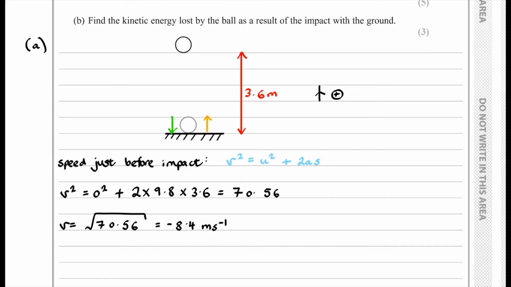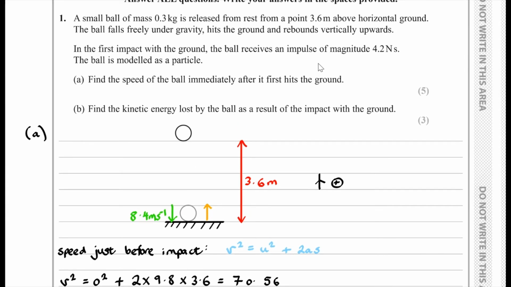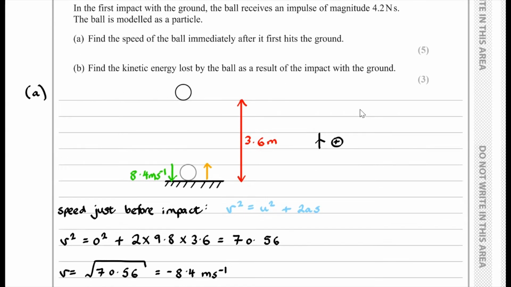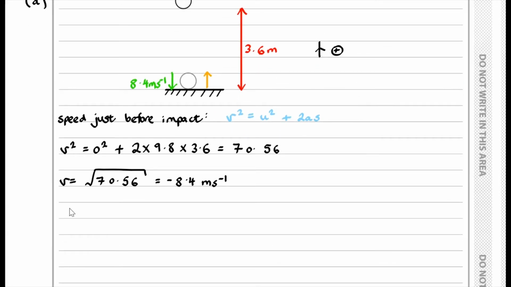Okay, so we have 8.4 meters per second going down, hence we have this minus. And we were also told in the question that we have an impulse of magnitude 4.2 Newton seconds, and we should know that the impulse is equal to the change in momentum.